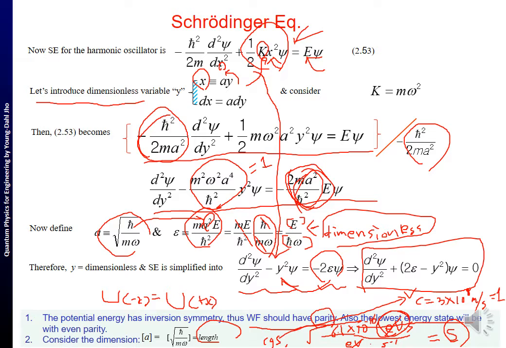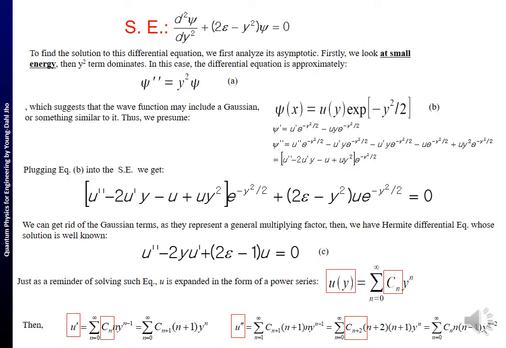Anyway, so this is the basic idea to solve the Schrödinger equation. We want to make it a pure mathematical equation, and the solution of this mathematical equation is well known from differential equation classes. We just copy from there. So the Schrödinger equation is now simplified like this.